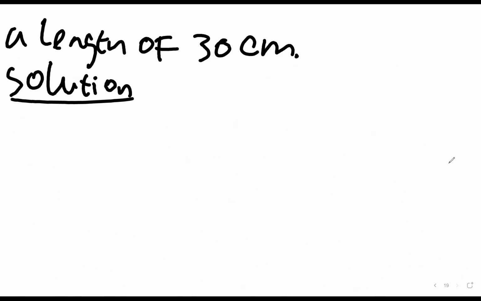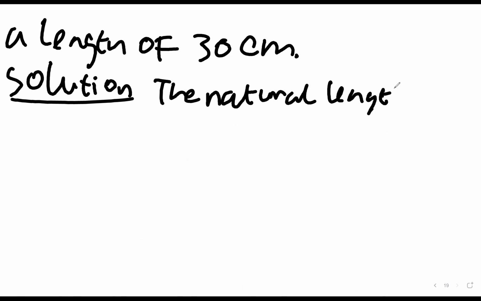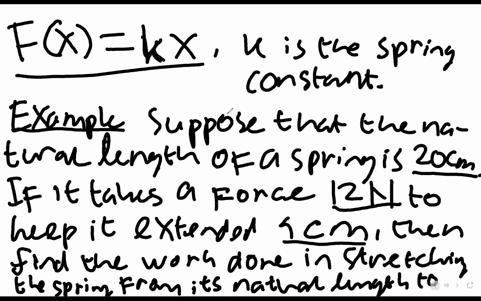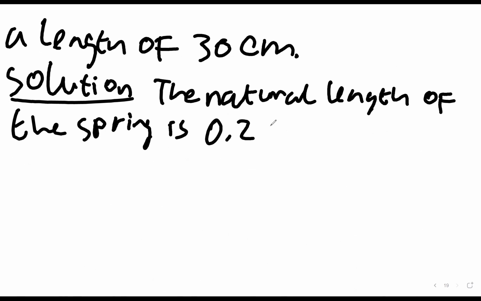So in this case, first, of course, you have to rewrite the natural length of the spring here as 0.2 meter. So you have to first convert the unit into a suitable unit, right?